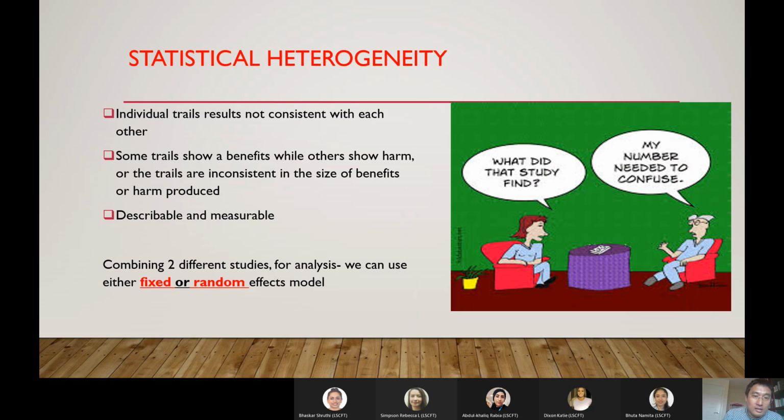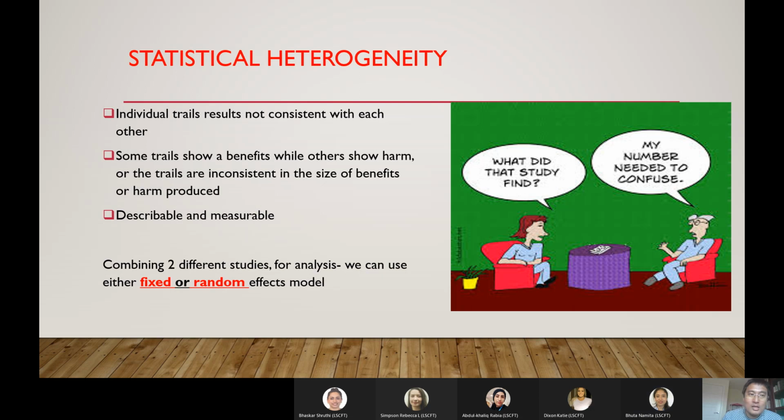What do you get from this picture? If the same trial is done in a different population and you get a different result, what do you think that is? Is it consistent?